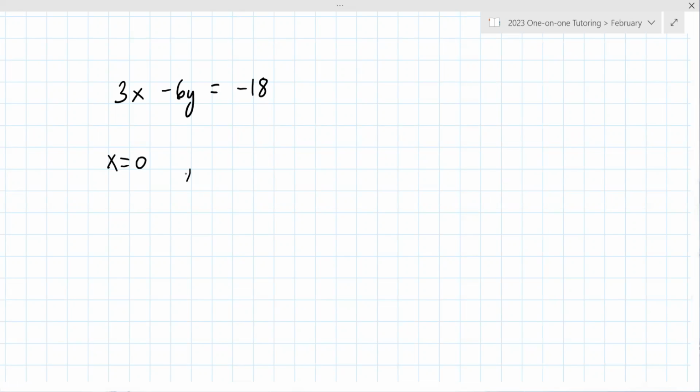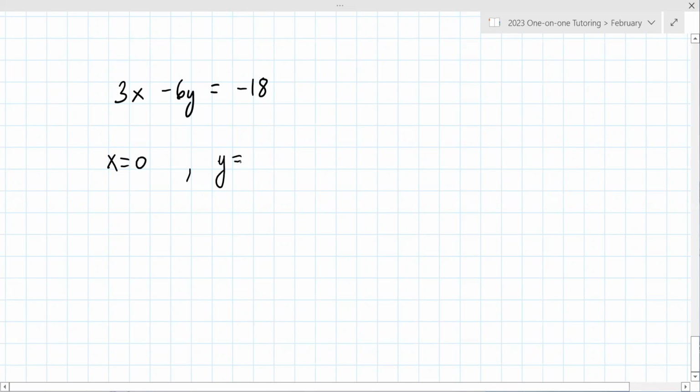Let's go 3x minus 6y equals minus 18. So the y-intercept would be 0, 3. Okay, and then I like to come down here and put y equals 0 next.